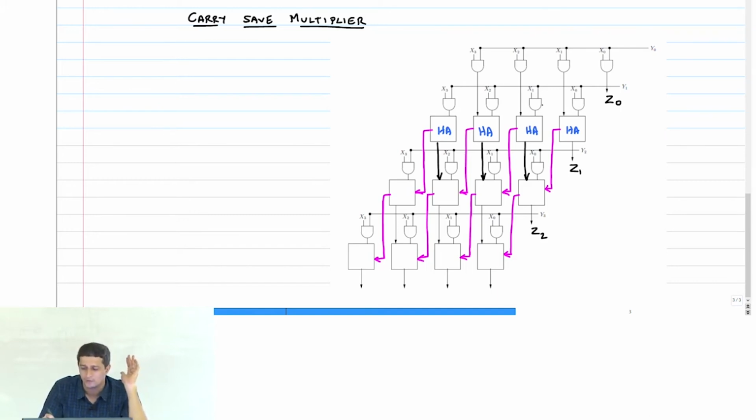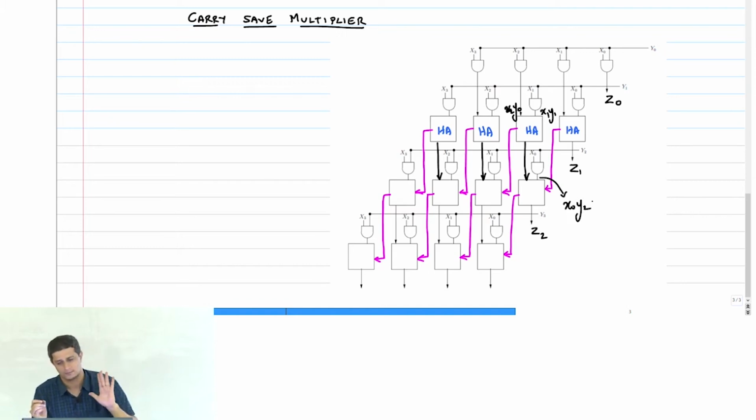So you have x1, y1 coming here. This is maybe x1, y1, x2, y0, and this one is what? x0, y2. So it makes sense. Okay, these are simple ways to check that you're doing the right thing. So now, second row, what are they?